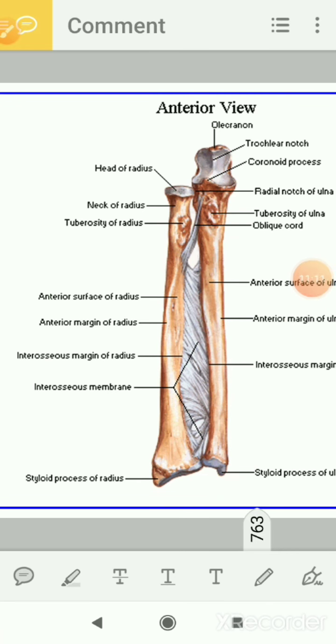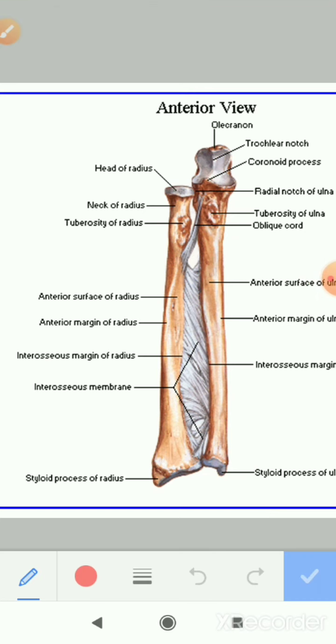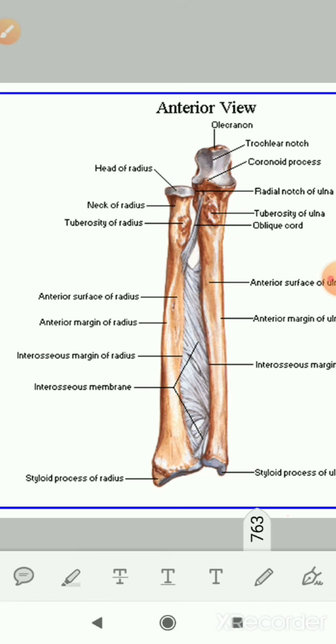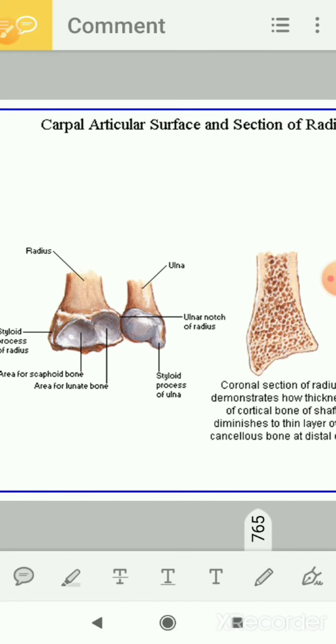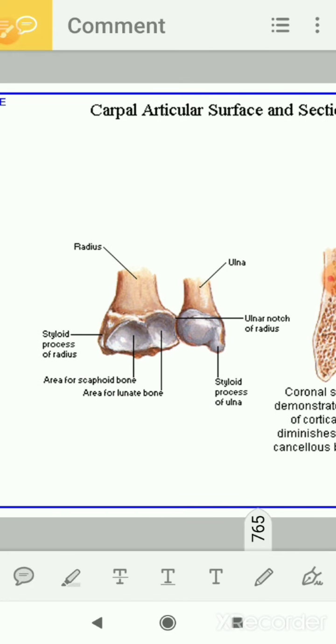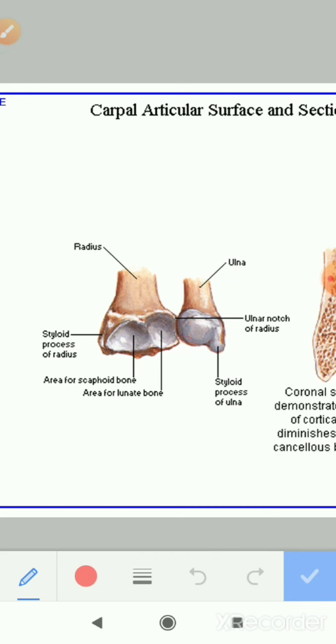And the lateral part, that means the lateral surface of the lower end, has a projection, that is the styloid process. This part is called the styloid process of the radius. And in its inferior surface, look at that, there are two areas. One is a quadrangular area and another one is a triangular area.